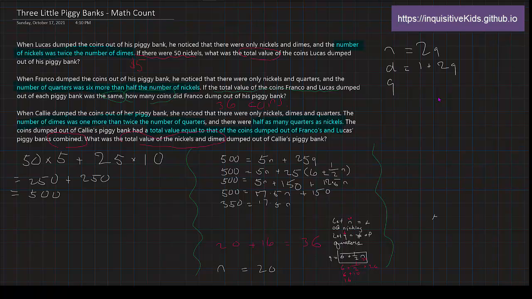So first we have to figure out Franco's value. So from the last time, remember how Q equaled 16 over here? Well, let's first do Franco.